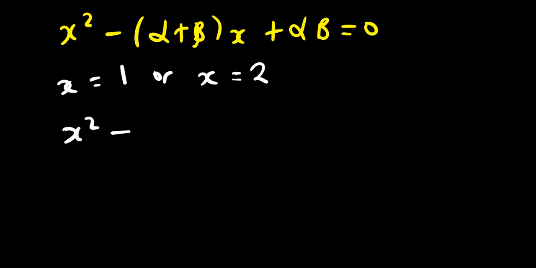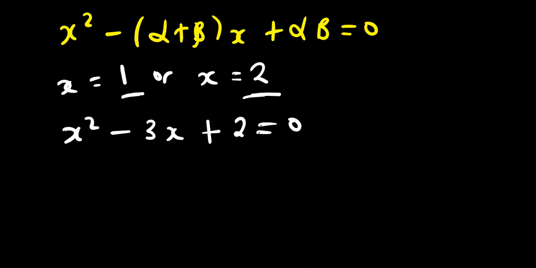So what are you going to have? 1 plus 2, that will just give us a 3, then there's x outside, plus your 1 multiplied by your 2, that is just a 2, so this will be equal to 0.